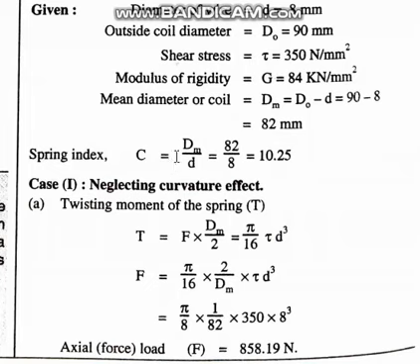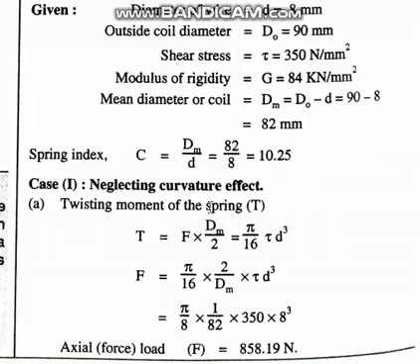Spring index C is mean diameter upon d. So this is 82 by 8, which is 10.25. This is case 1 where you are neglecting the curvature effect. Curvature effect means Wahl's correction factors will not come into picture.